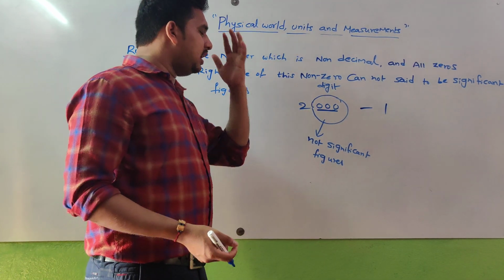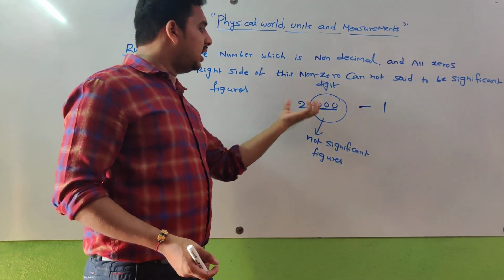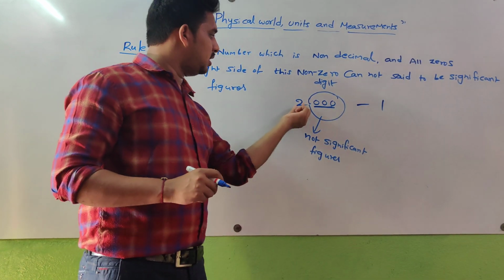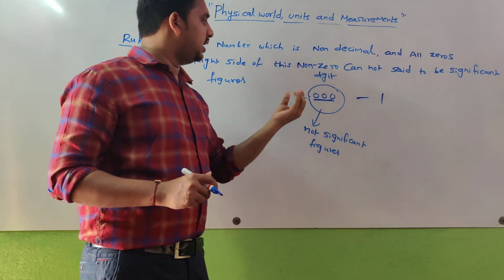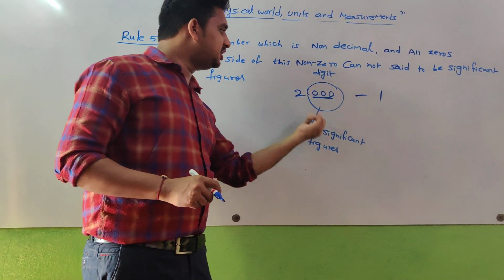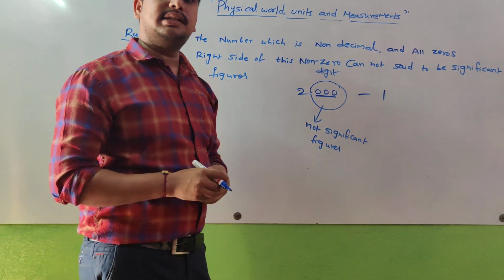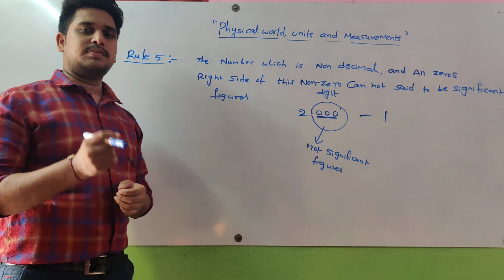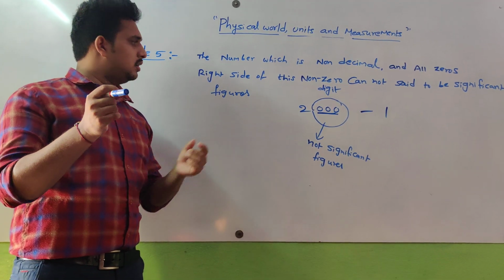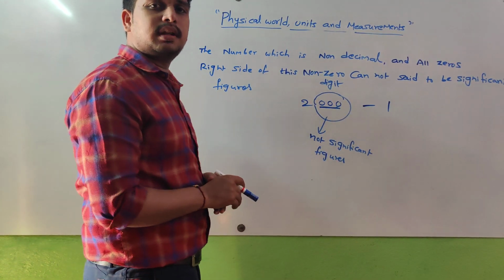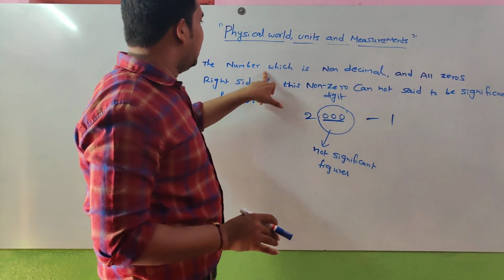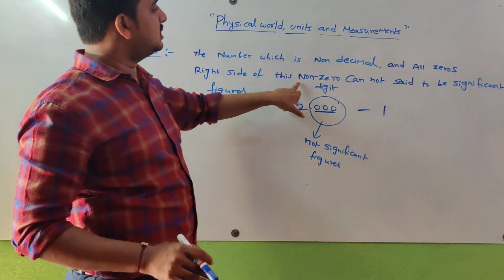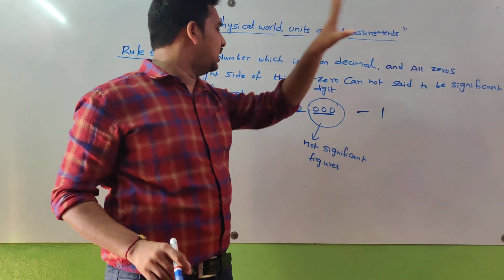That means if any non-decimal number contains zeros right side of a non-zero digit, then those zeros cannot be said to be significant. A small statement is added here. Observe, the number which is non-decimal and all zeros right side of this non-zero digit cannot be said to be a significant figure.